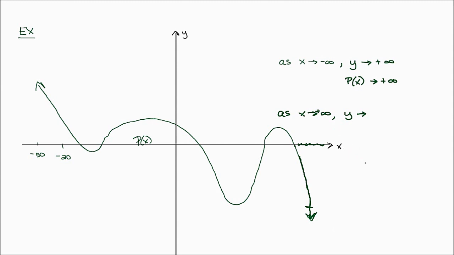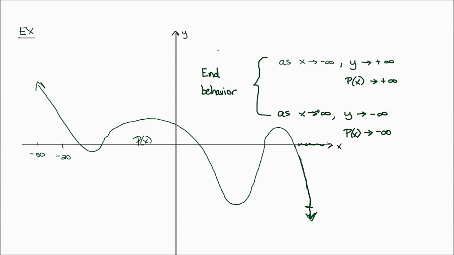So you see we have that the y values are approaching negative infinity. And like I said, some instructors might want you to use the function notation that p of x is approaching negative infinity. That means the same thing. So this is how we determine the end behavior, or in other words, this is our description of the end behavior of this polynomial.